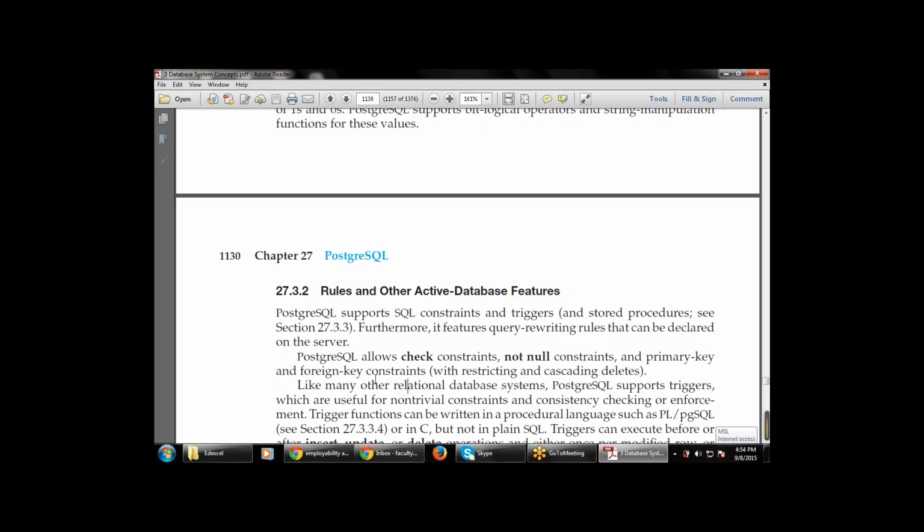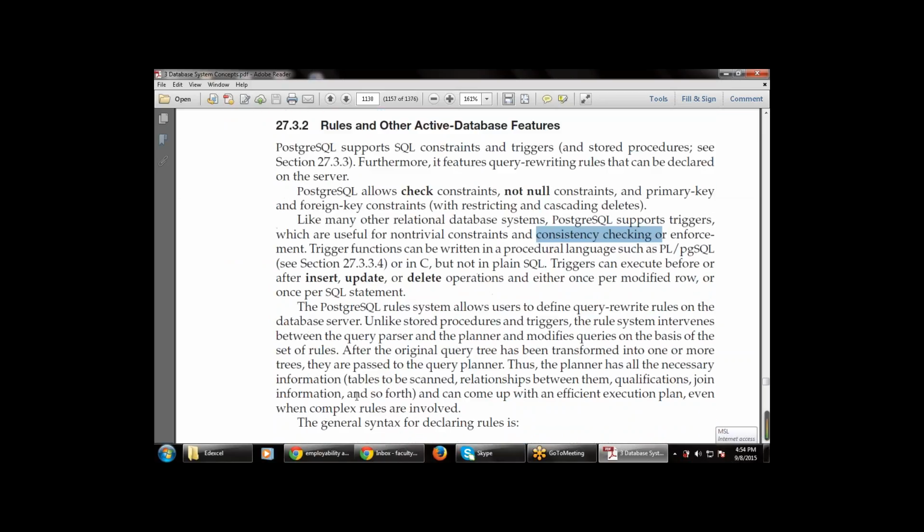Like many other relational database systems, PostgreSQL supports triggers, which are useful for non-relational constraints and consistency checking for enforcement of user rules. And the PostgreSQL rule system allows users to define query rewrite rules on the database server.